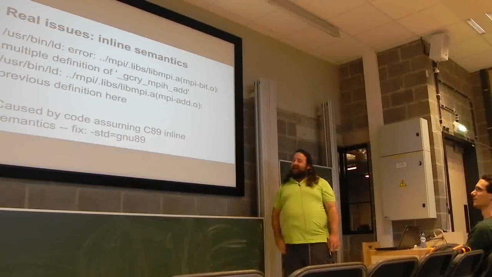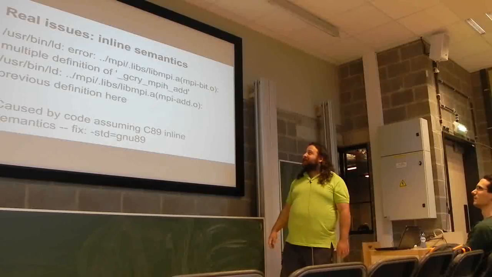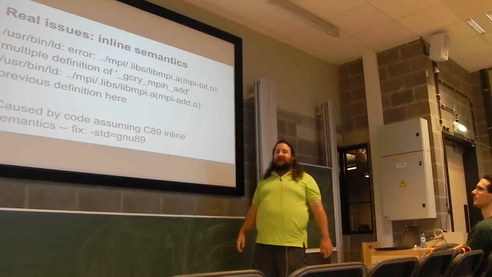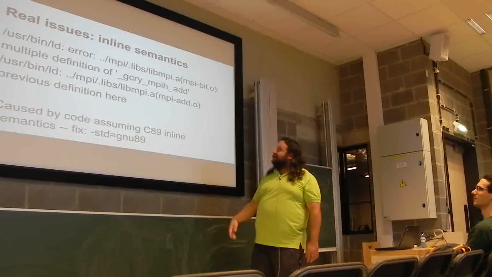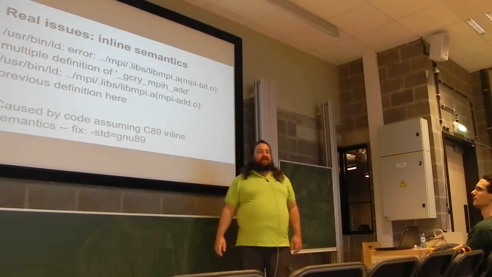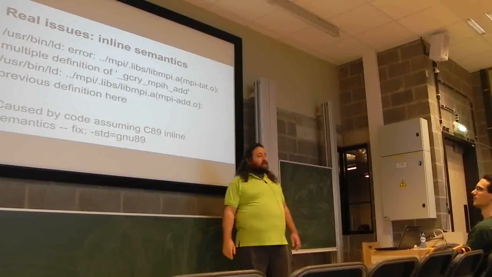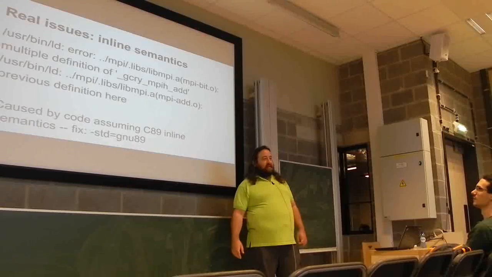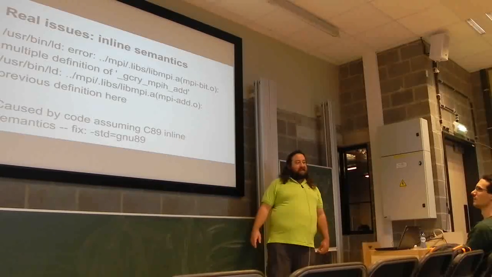Another failure that actually looked like a compiler bug at the beginning was this compilation working and then the linker screaming about multiple definitions of various functions. But it turns out it was code that just assumed the C89 inline semantics.